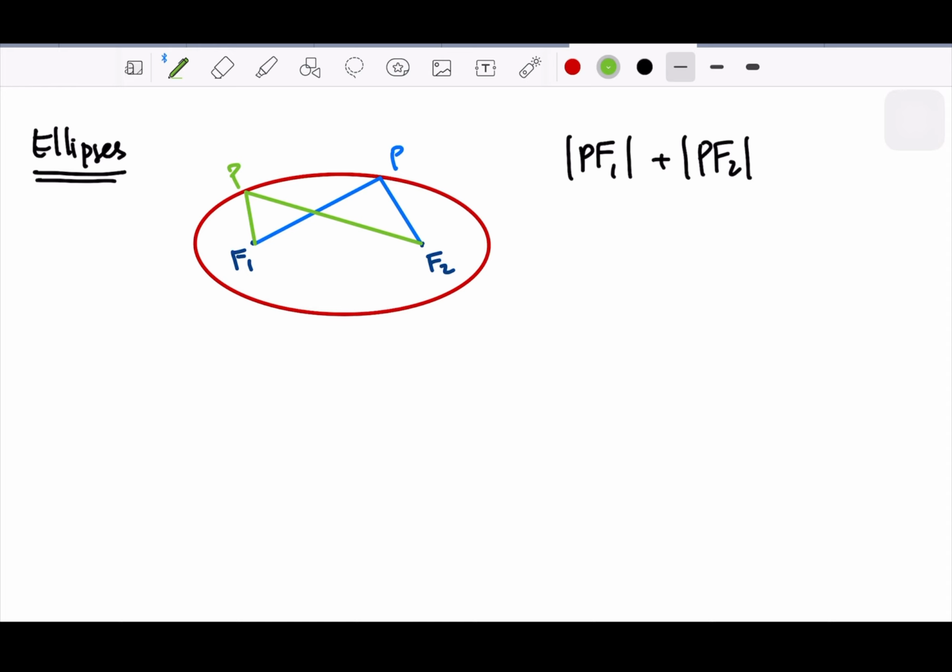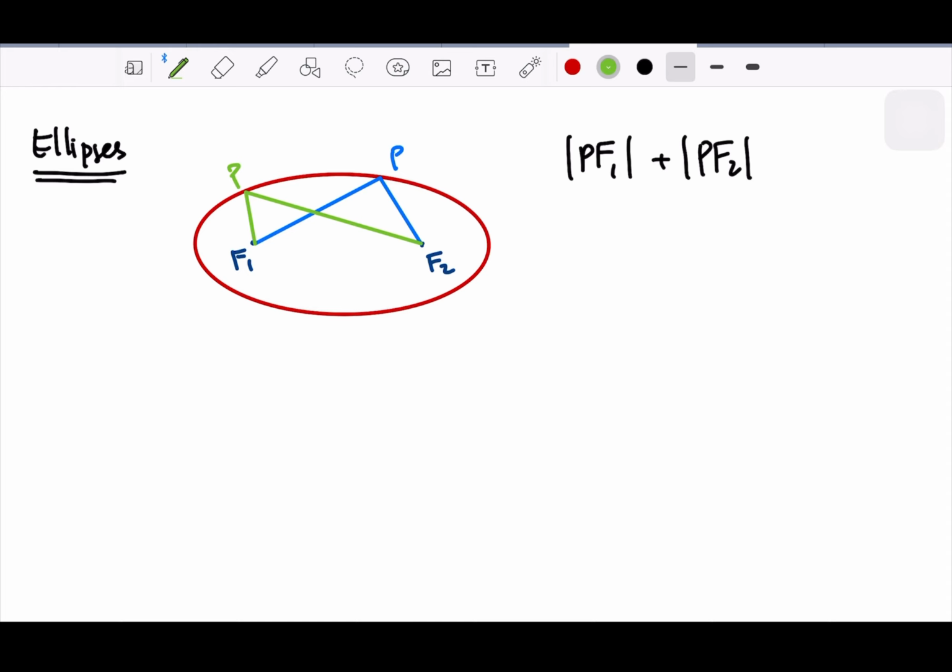And then from the equations we can have a distance formula for each one of these.